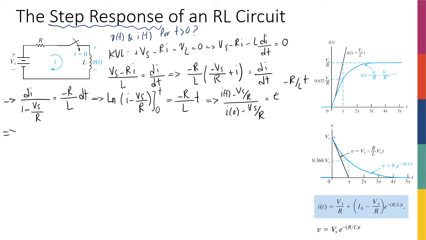And that tells me that i is going to be equal to, or let's write it i as a function of t, so i(t) is going to be equal to i at 0 minus Vs divided by R times e to the negative R over L times t plus Vs over R.